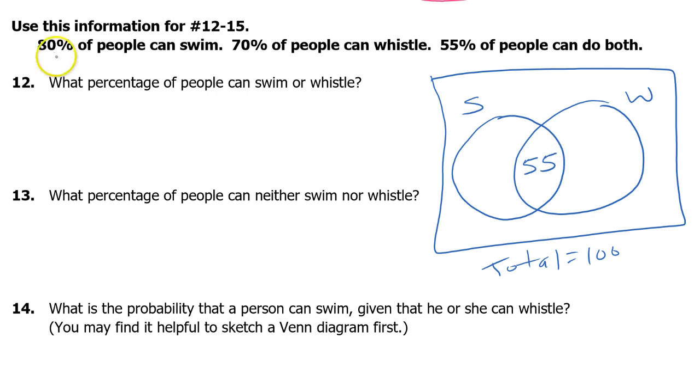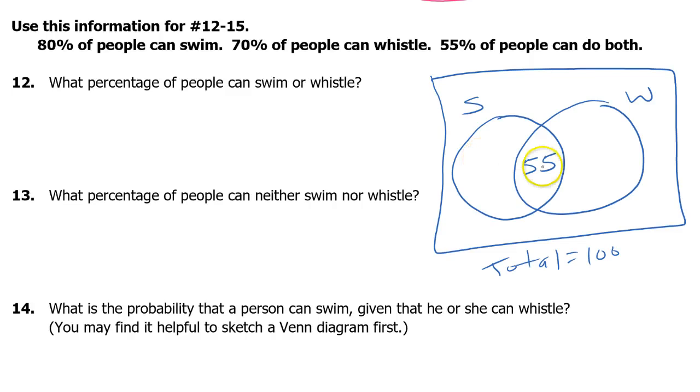So when I talk about the 80% of the people that can swim, I'm not going to put 80 right here. That would be a big mistake, because that means I really have 80 plus 55% that can swim. That's like 135 people, 135%.